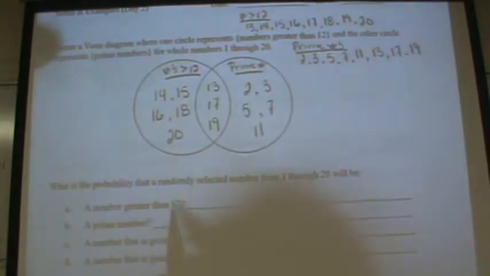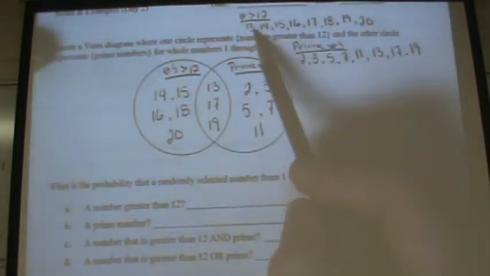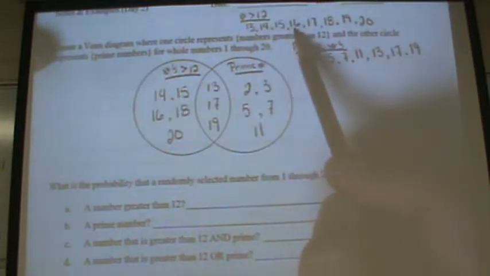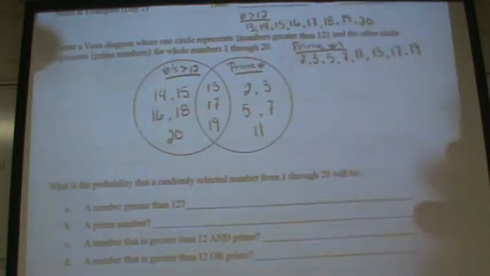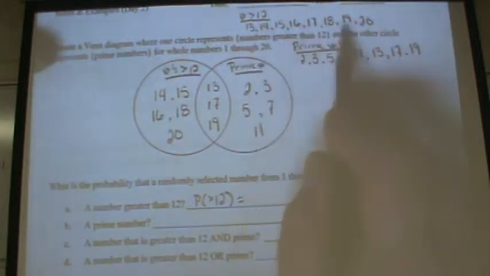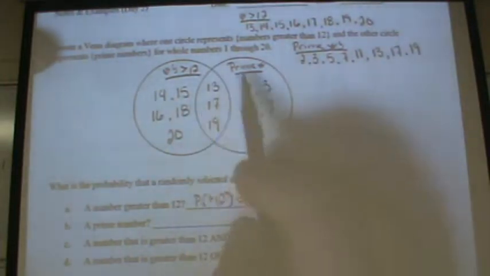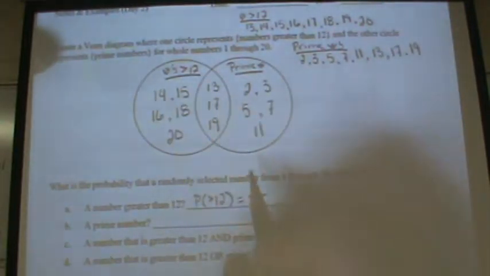So we want to know the probability of getting a number greater than 12. How many numbers greater than 12 did we have? We've got 1, 2, 3, 4, 5, 6, 7, 8. So for the probability of greater than 12, we put the number of numbers greater than 12, which was 8, over our entire set, which was 13.